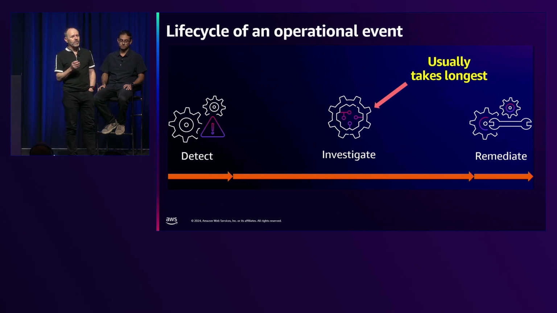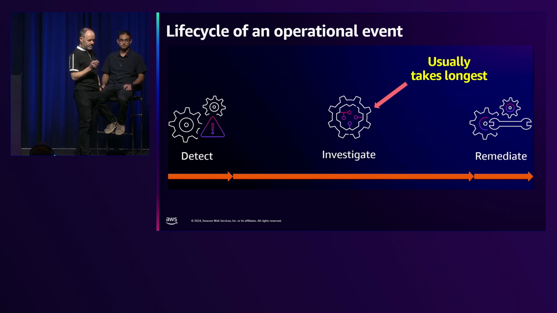Remediating the problem when you know what's wrong, that also can be quick. The one though that tends to take the longest and is the most stressful is investigating why your application is broken or impaired.